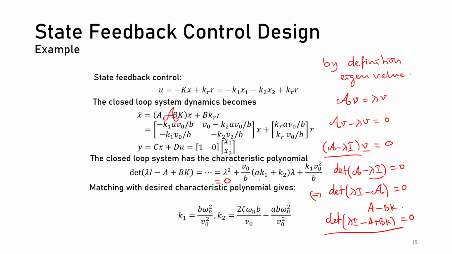And from this, if we compare with the standard form lambda square plus 2 zeta omega n lambda plus omega n square, then we can make the comparison. This term equals this, and this coefficient equals this coefficient. Then we can easily find K1 and K2, right? K1 can be found first from here, and then K2 can be found from equating this term and this term. Okay?